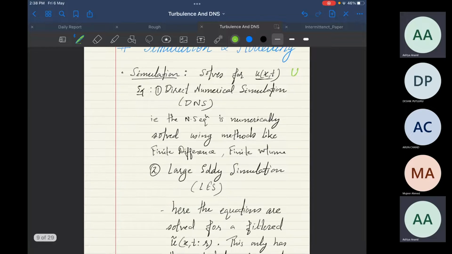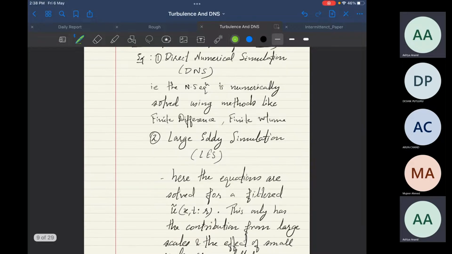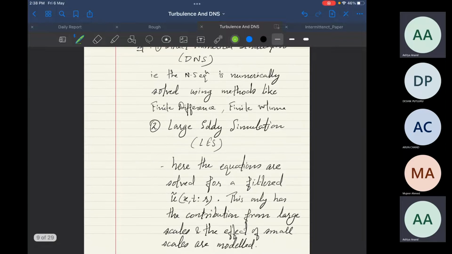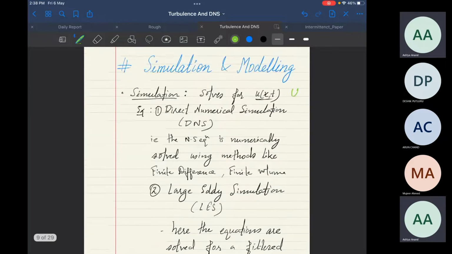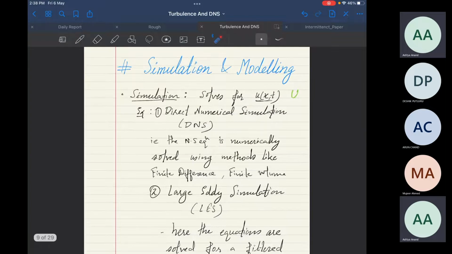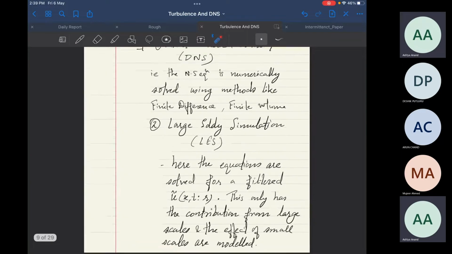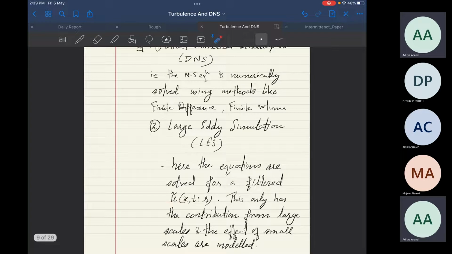So for simulations, there is direct numerical simulation where you directly solve the Navier-Stokes equation using several methods like spectral methods, finite difference and finite volume methods. And there are large eddy simulations as well. In large eddy simulations, you do not solve for the instantaneous velocity. Instead, what you solve is a filtered velocity field. In this filtered velocity field, you remove the effects of small scales that are there in the flow.